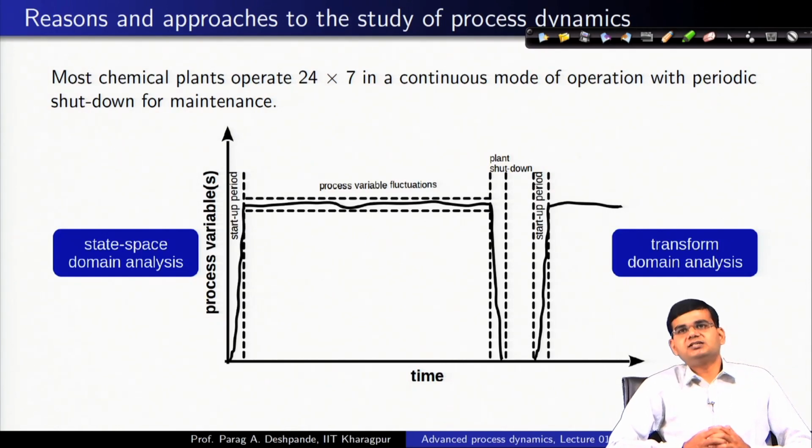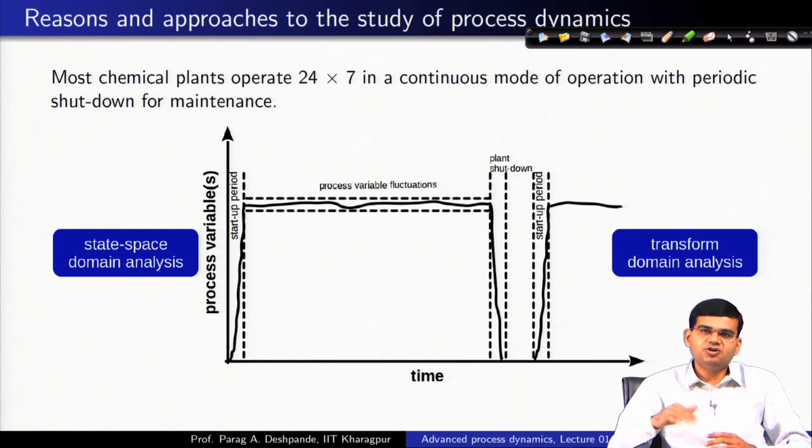Typically, most chemical plants these days operate 24/7 on a continuous mode of operation. So, if a plant operates for say 6 months continuously, during that operation there would be small fluctuations in the process variables, and you will have a control system implemented in it for maintaining the process variable.